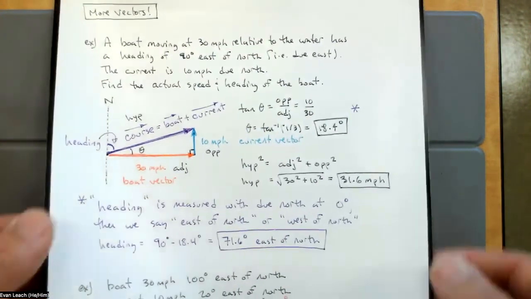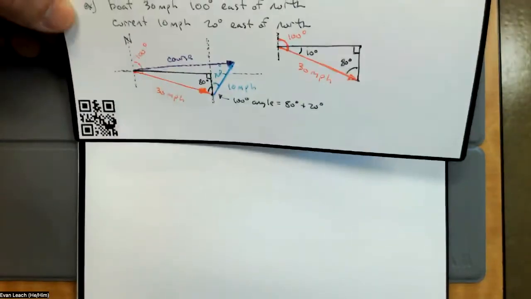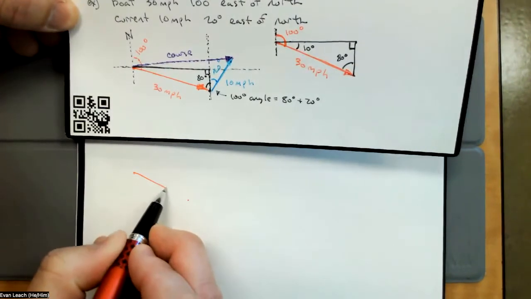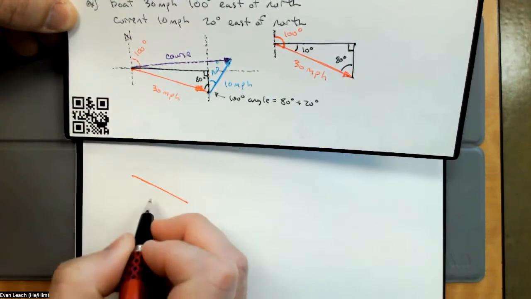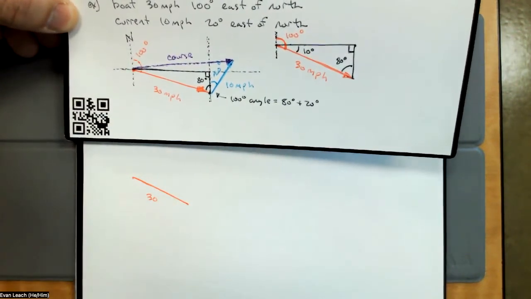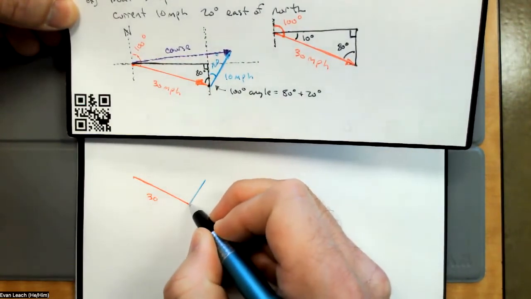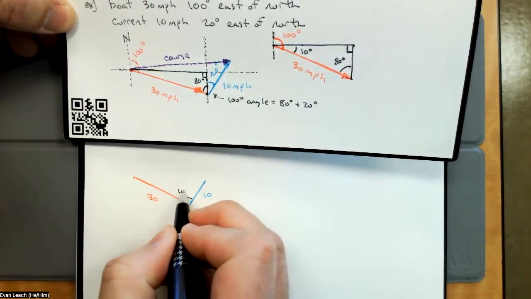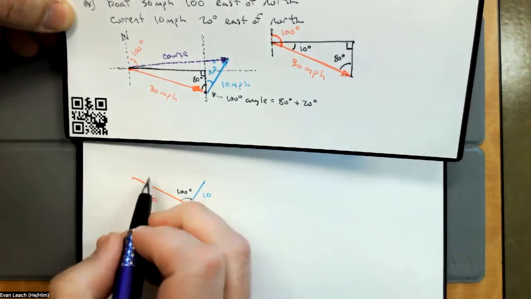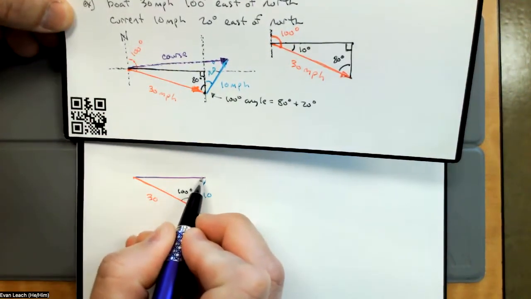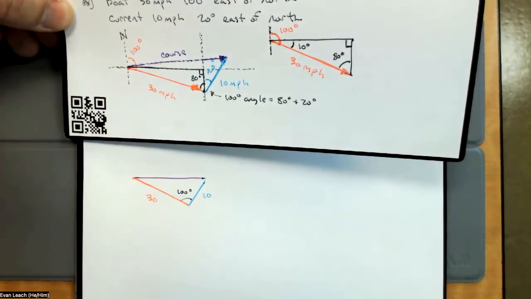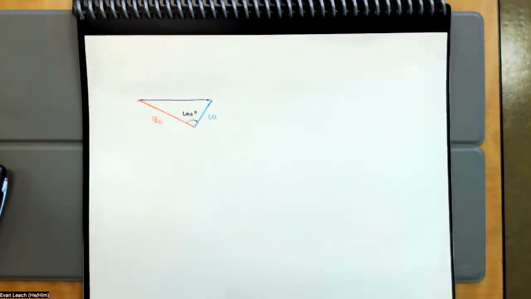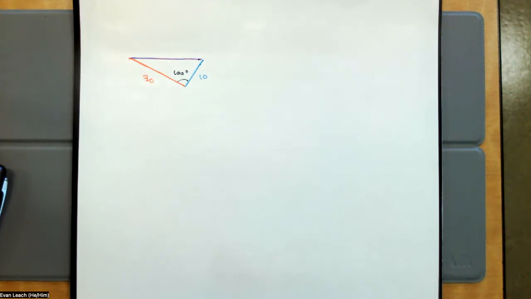So let's draw the triangle that we have. So we're trying to solve this triangle.